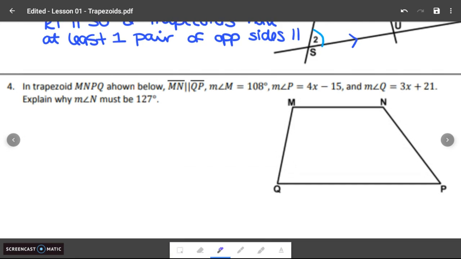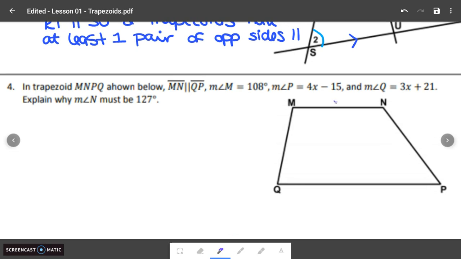In trapezoid MNPQ, we have the two sides MN and QP are parallel. We know the measure of angle M is 108 degrees. We know P is 4x minus 15, and we know Q is 3x plus 21.